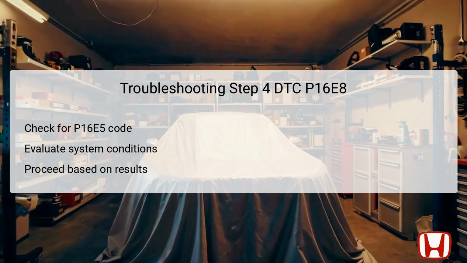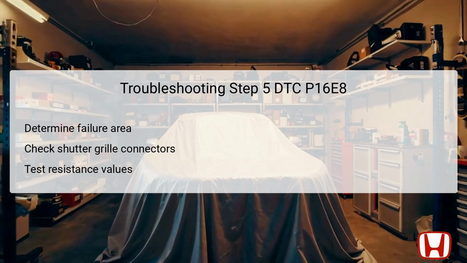If the code exists, further detailed procedures will need verification. Conversely, if the P16E5 code does not show up, examination will pivot on the results from prior checks, specifically regarding the operational state of the shutter grille and its connected systems. This precise approach is crucial in isolating areas that may require further scrutiny.